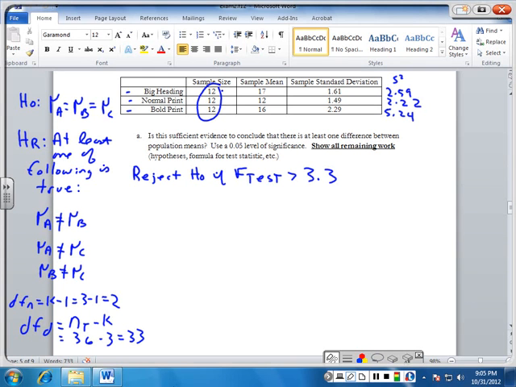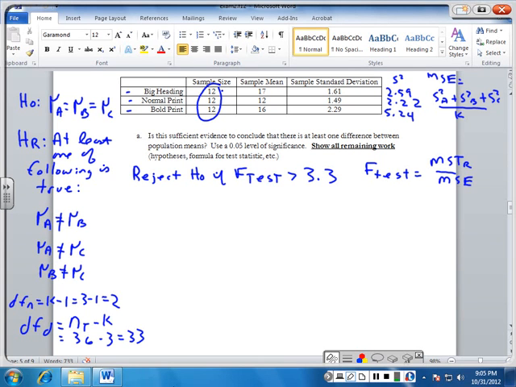And so I think I'll write this here. F test is equal to mean square treatment divided by mean square error. Let's see if I can fit this up here. The MSE, mean square error, is equal to S squared A plus S squared B plus S squared C divided by k.